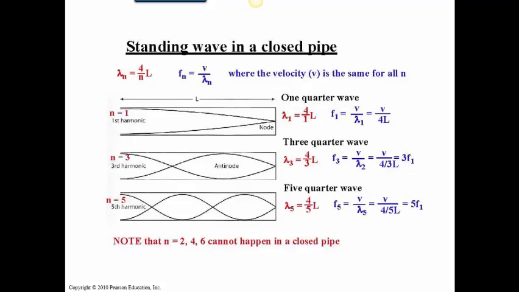Looking at the diagrams, we see that even-numbered harmonics cannot happen in pipes closed at one end. The frequency equals n times v over 4L. Note that n is 1, 3, 5, 7, and so on in this case.